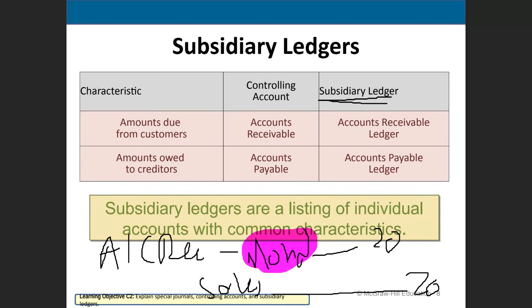Accounts receivable is the main account, and there is like a branch, or we call it subsidiary. There's a subsidiary account or branch under the accounts receivable, in which we record the exact customer name. So each customer will have his own accounts receivable. We call this a subsidiary account or subsidiary ledger.